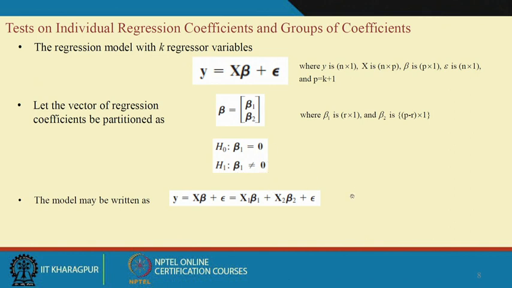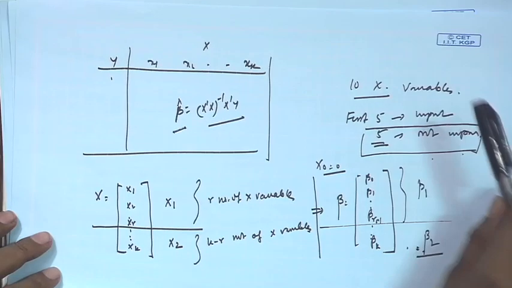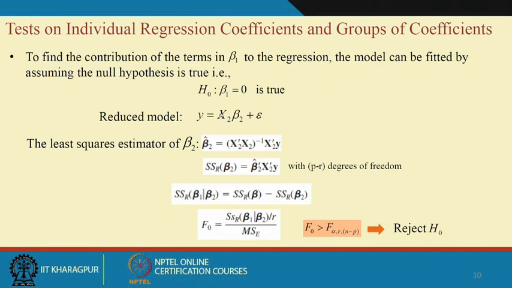So, then you can write down the regression equation in this fashion. Y equal to x beta plus epsilon is nothing but x1 beta 1 plus x2 beta 2, because this partition will give you this. As a result, if H0 is true, then this part becomes 0 and the reduced model will be y equal to x2 beta 2 plus epsilon. That is what is written here.